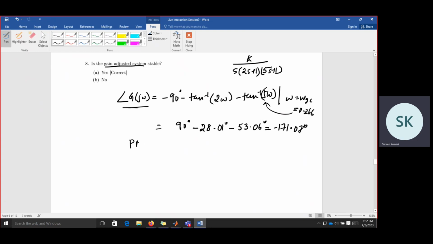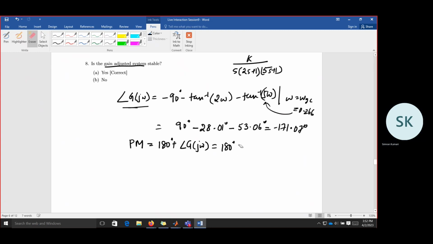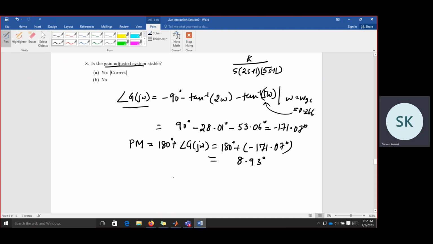So what is the phase margin? Phase margin would be 180 plus angle of G of j omega. This will be 180 plus, but this will be minus, so it will be 8.93 degree.